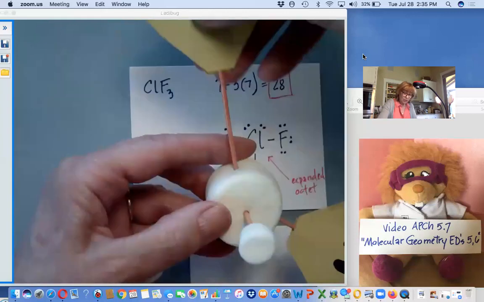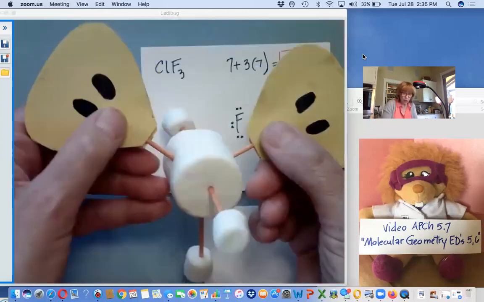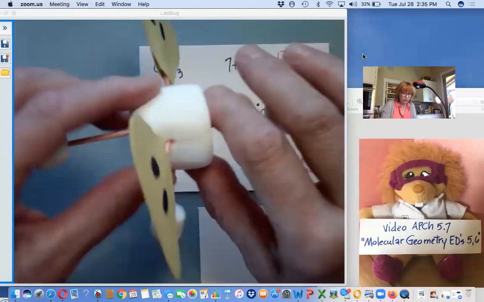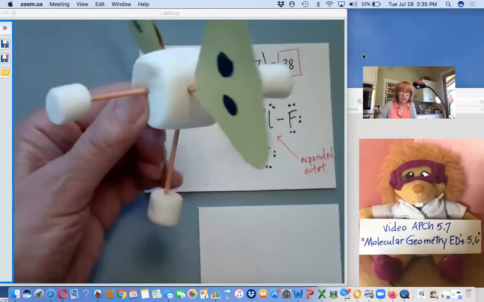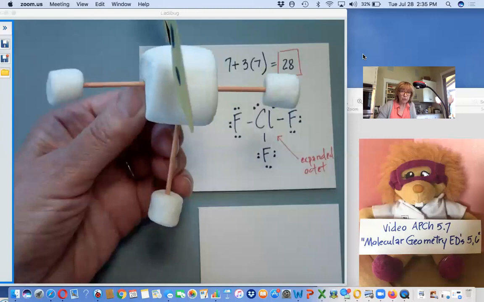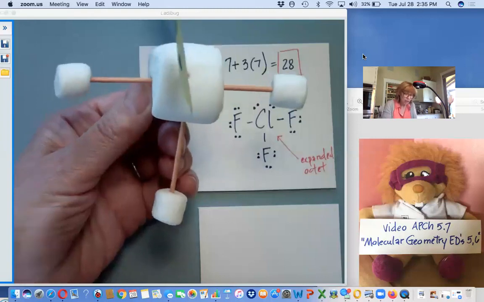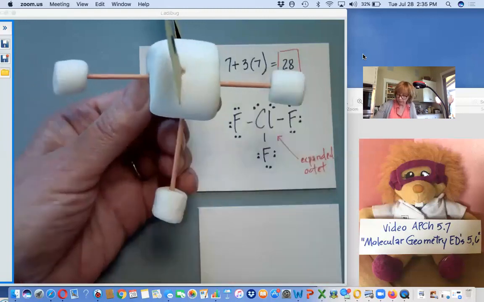and the 2 non-bonding pairs are going to repel a lot, which is going to cause a little bit of distortion of these guys. Now, see if you can think of what the name of the molecular geometry would be. Remember, on molecular geometry, you're just letting your eye follow the atoms and the bond angles in the atoms.